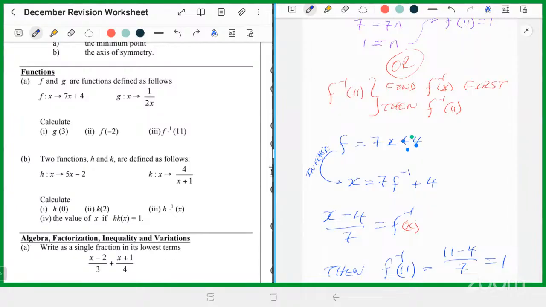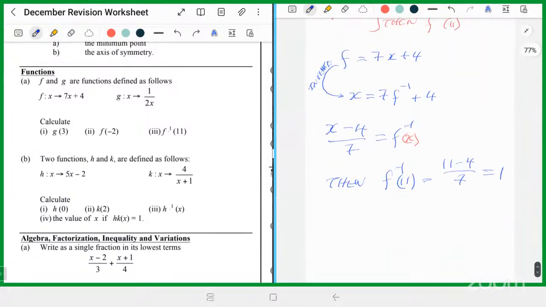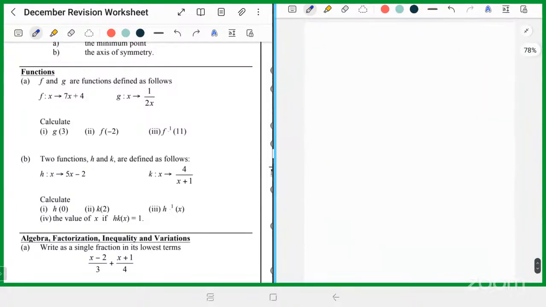Alright, let's look at part B now. So part B gives us two different functions, right? It gives us h of x, a simple function again, 5x minus 2, and it gives us k of x right here, which is 4 over x plus 1.